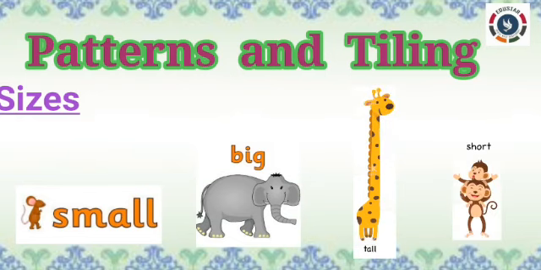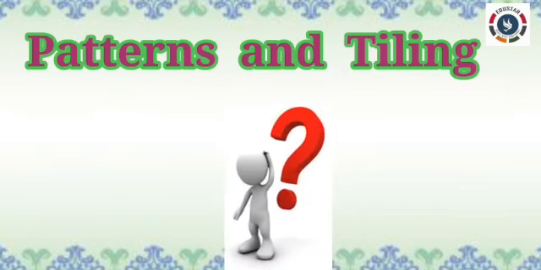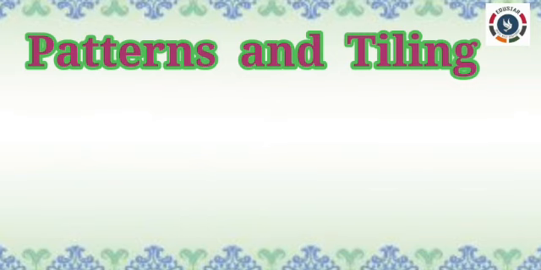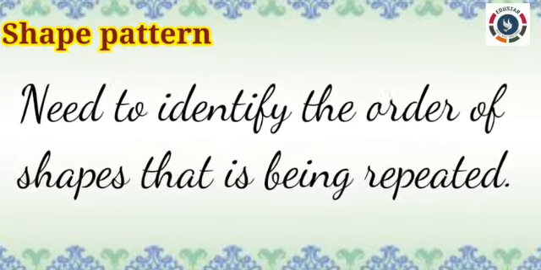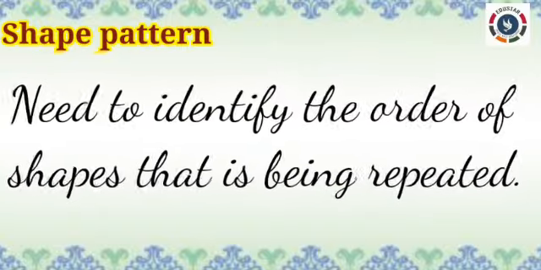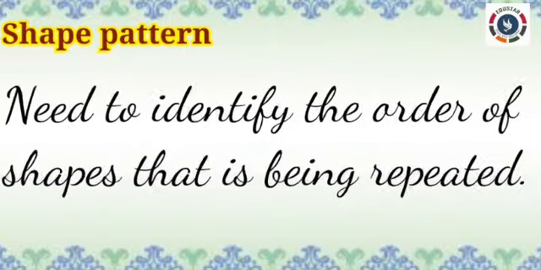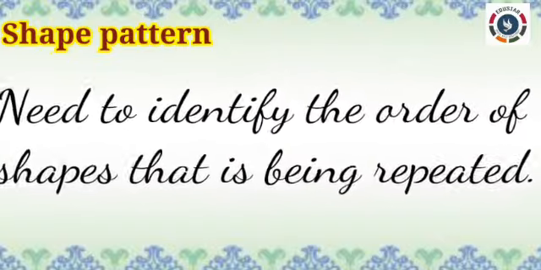Or by combining two or more of these. Now say, how do you find the pattern of a shape? Okay, I will explain. To find a shape pattern, you need to identify the order of shapes that is being repeated. To complete a shape pattern, you need to look at the last known shape and then add the next in the order.